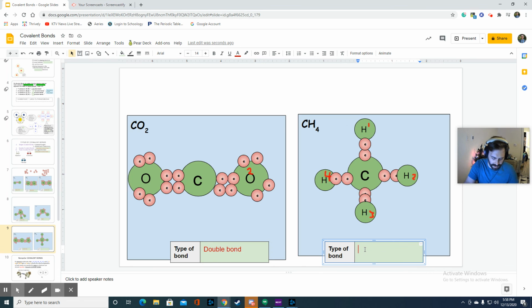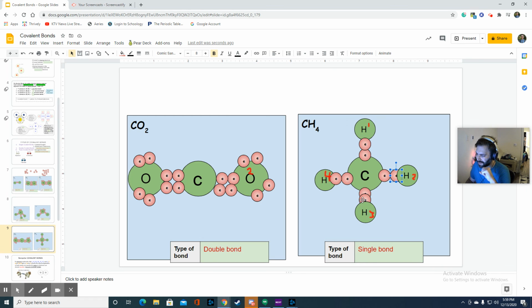You might be thinking, oh, it's a quadruple bond again because it's four bonds and they're all hydrogens, so they're the same. No. It's only sharing one electron to each hydrogen, and that hydrogen is sharing one electron back. So a pair of electrons here, here, here, and here.